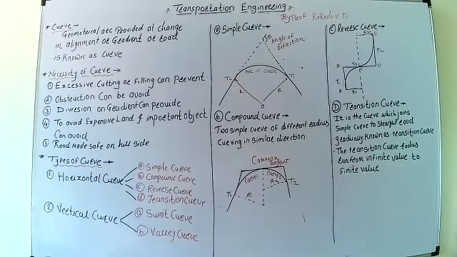Simple curves are provided on any road when there is a change in the direction of alignment. It is a single direction change. A simple curve is normally represented by the length of the radius or by the degree of the curve. This type is provided at every change in alignment of a road and railway track. So this is a simple curve.